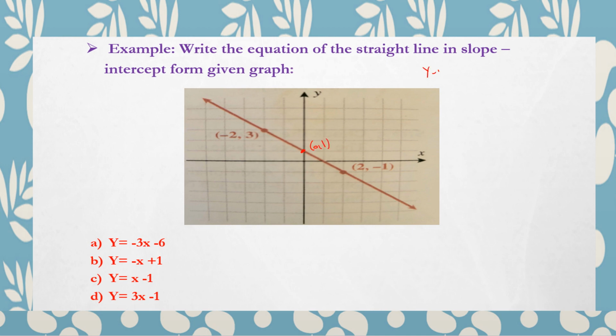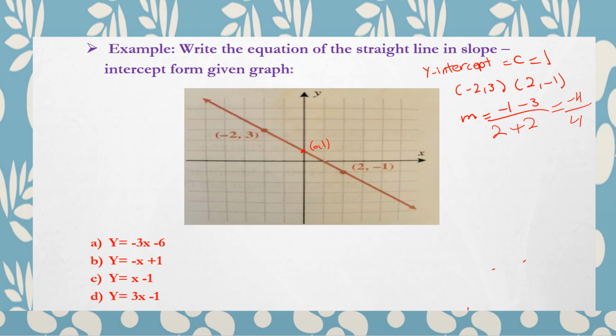So the y-intercept, or c, equals 1, and by using 2 points, (-2, 3) and (2, -1), we can get the slope m, which equals -1 minus 3 over 2 plus 2, and this equals -4 over 4, and this equals -1. So the equation of the straight line is y equals -x plus 1, and the correct answer is B.